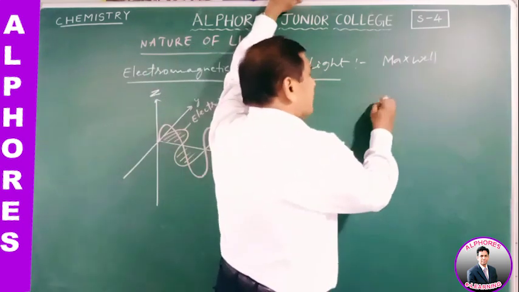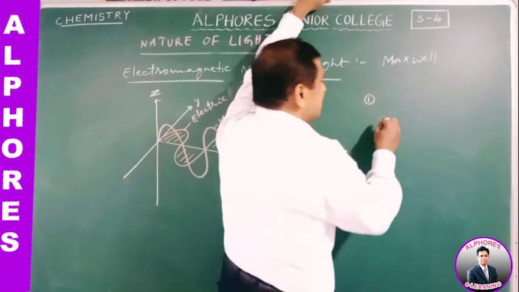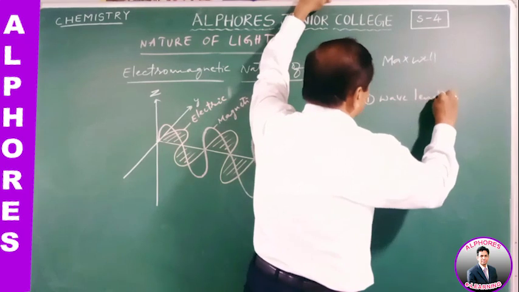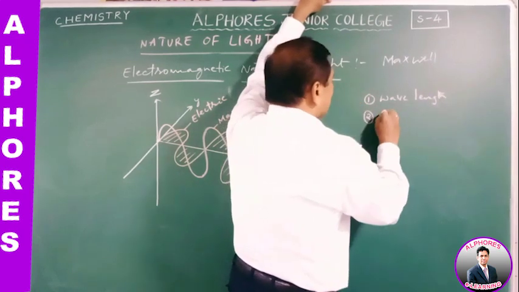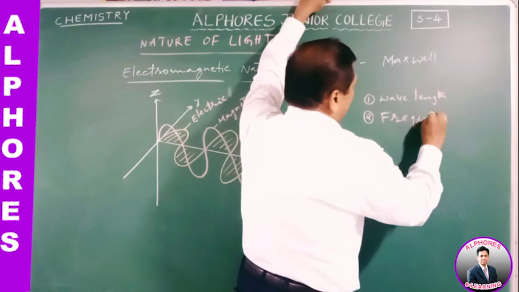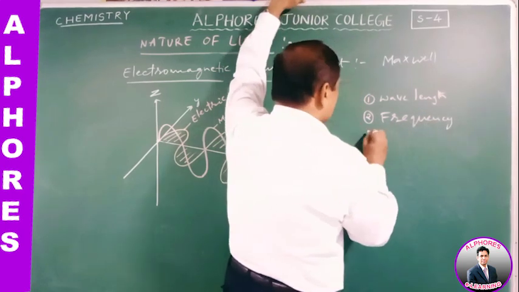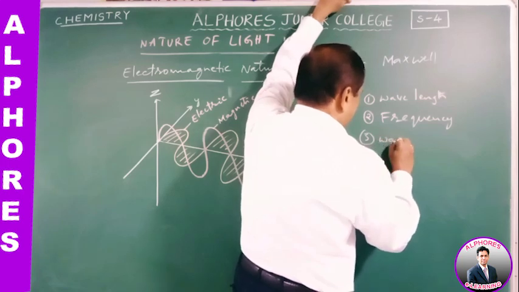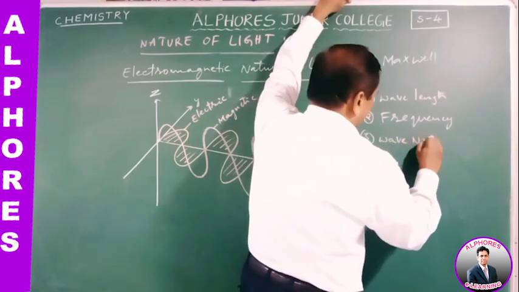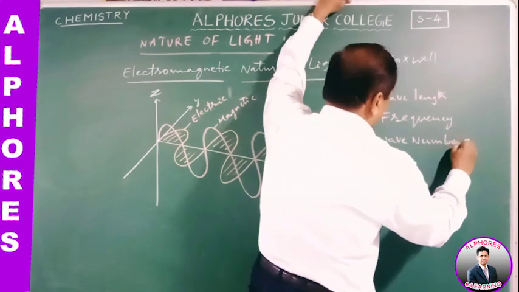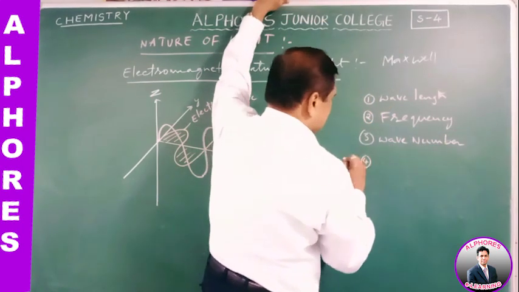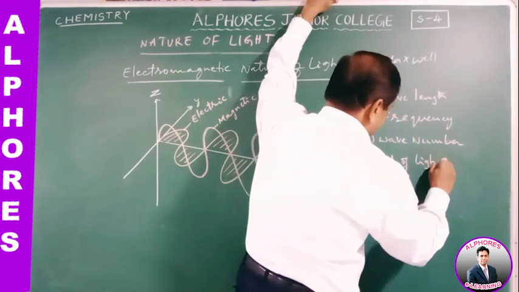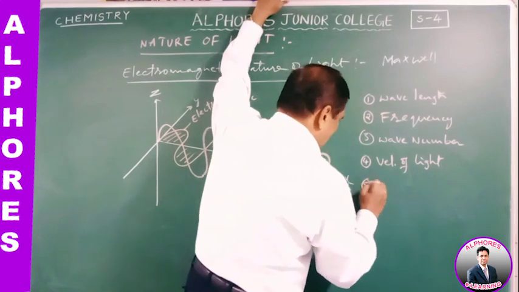Electromagnetic light has the following properties: number one is wavelength, number two is frequency, number three is wave number, number four is velocity of light, and number five is amplitude.